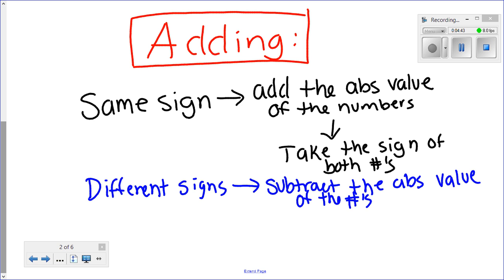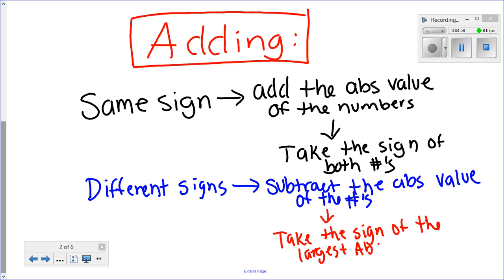And that will bring you to the last step, which means to take the sign of the largest absolute value number. Okay, those are your rules for addition and adding.